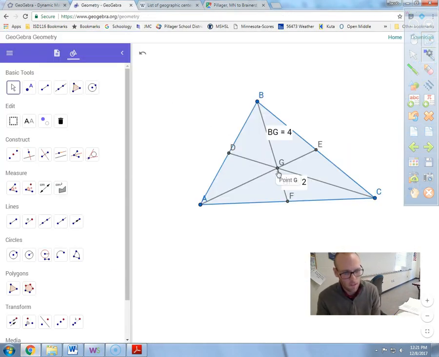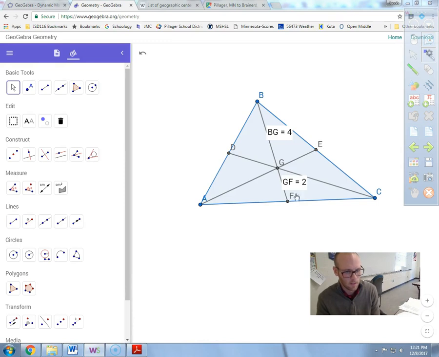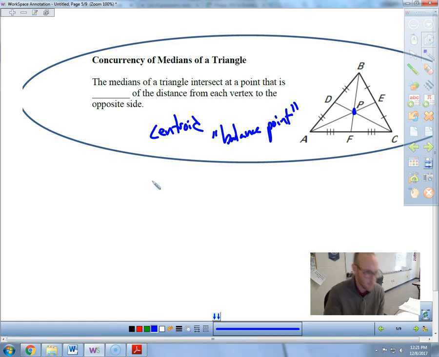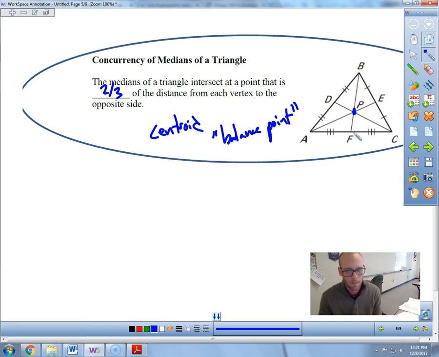That it meets at a point that is what fraction of the distance from the vertex to the opposite side? This point is 2/3 the distance from the vertex to the opposite side. Okay. That's 2/3, that's 1/3, this is double that.